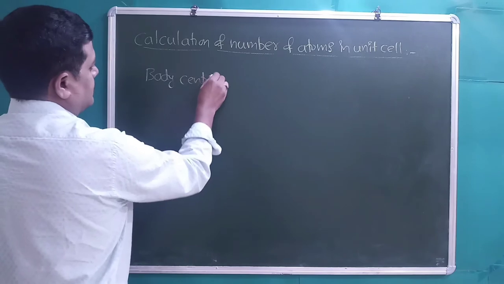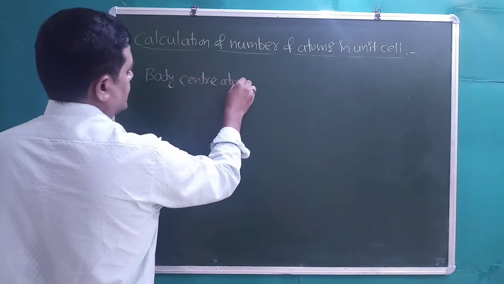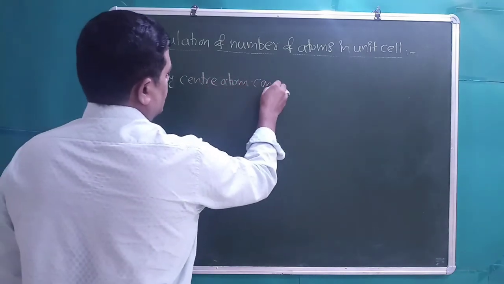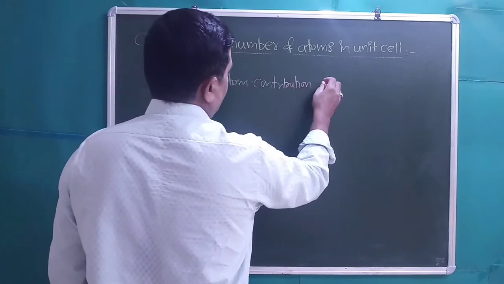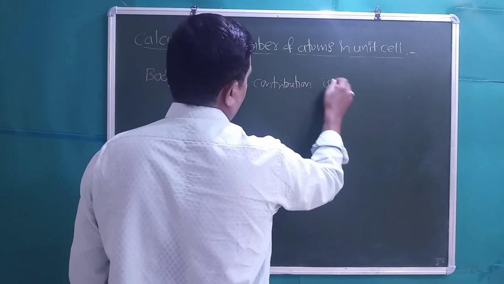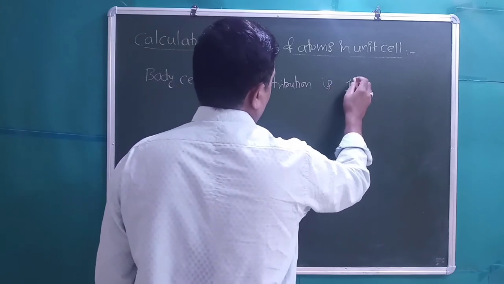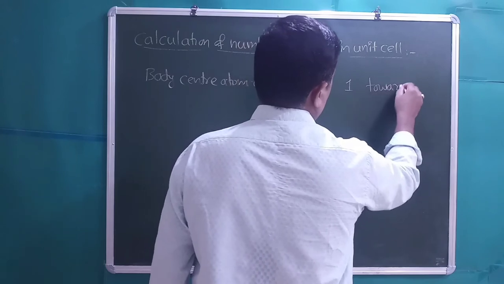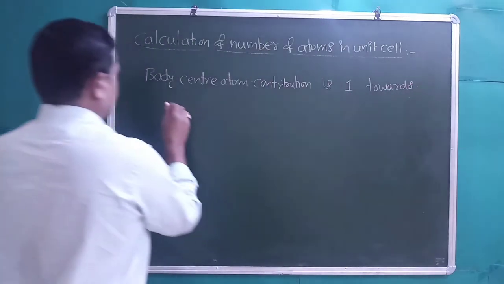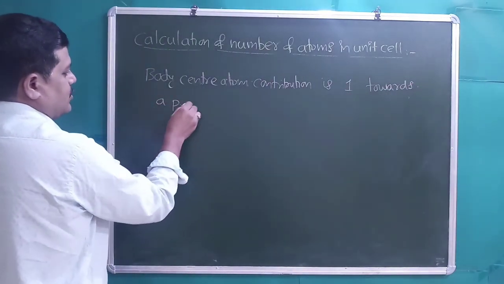Body center atom contribution. Body center atom contribution is 1 towards a particular unit cell.